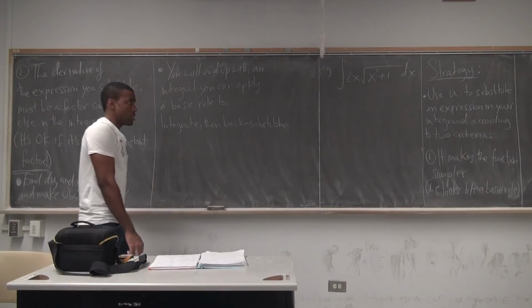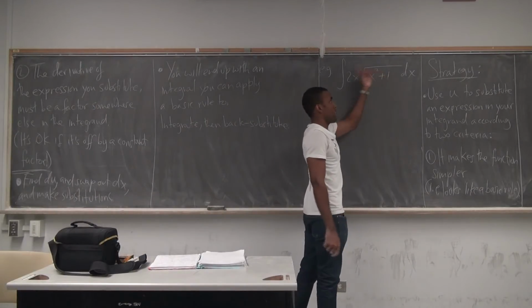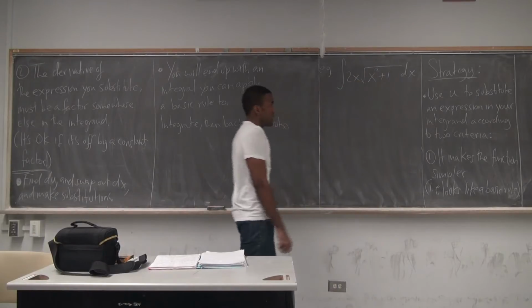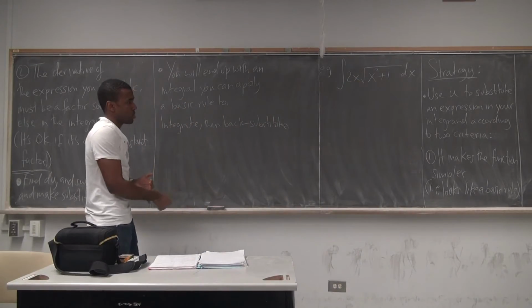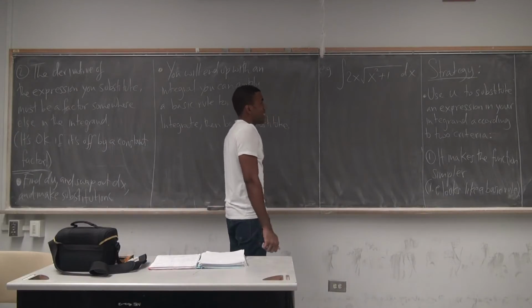The first thing you'll notice here is this doesn't really look like any basic rule that we have. There's a product, and then there's this radical with something complicated underneath it. It doesn't look like x to the n. It doesn't look like 1 over x. It doesn't look like e to the x. Looks like something else entirely.